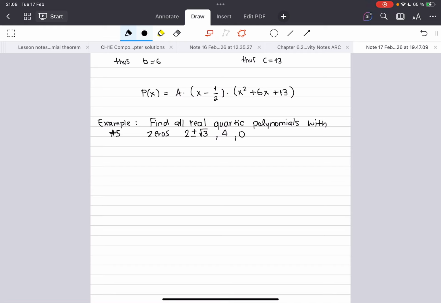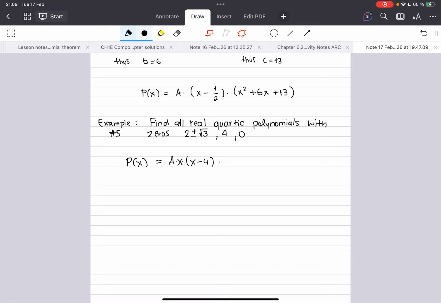Well, then you can write your polynomial p of x as a times x minus 4, because 4 is one of the solutions, times x minus 0, because 0 is the other solution. But of course we don't write x minus 0, we just write x, and I will just put it here, a times x times x minus 4. And then up to now we have a second degree polynomial, right?